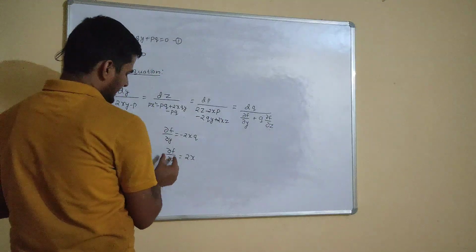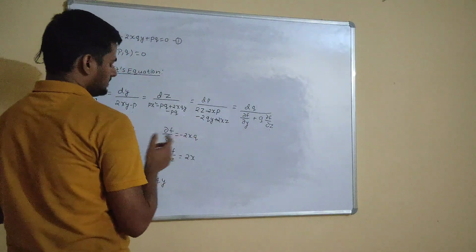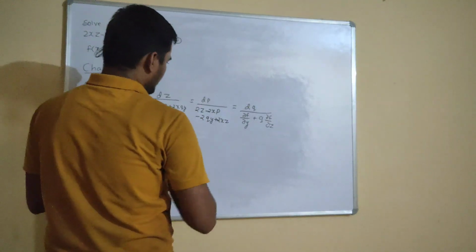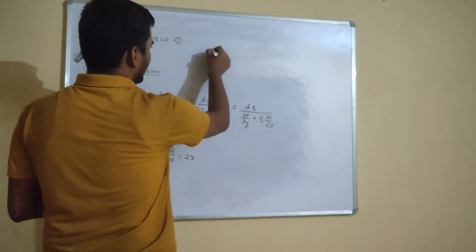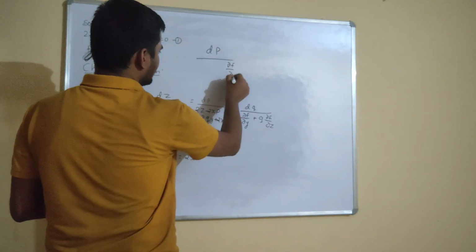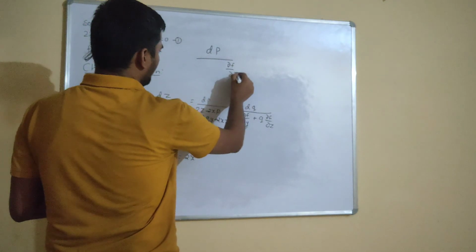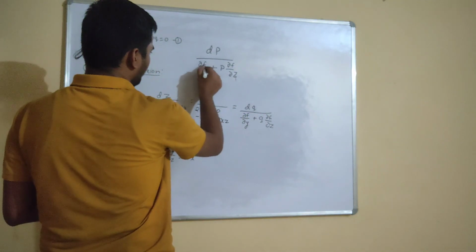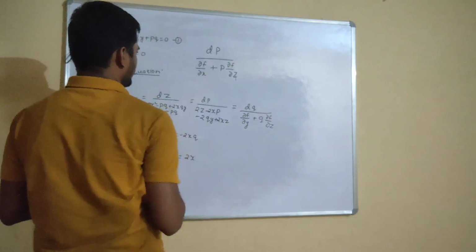Del f by del z multiplied by p, not z. If I had written z there, please correct. The expression below dp is like this: dp divided by del f by del x plus p multiplied by del f by del z. This is the expression.